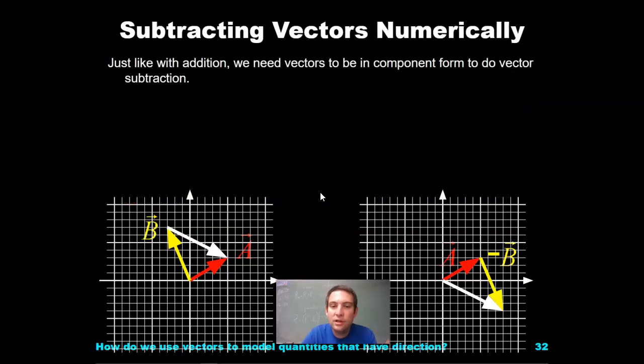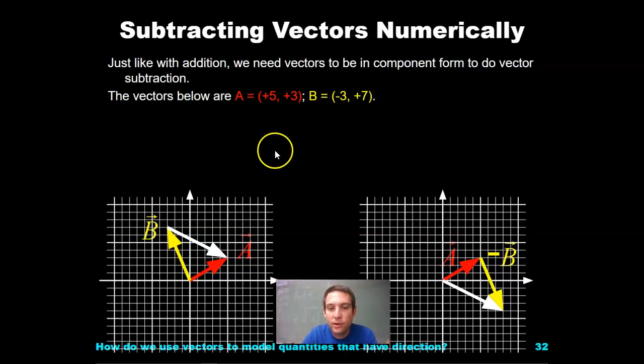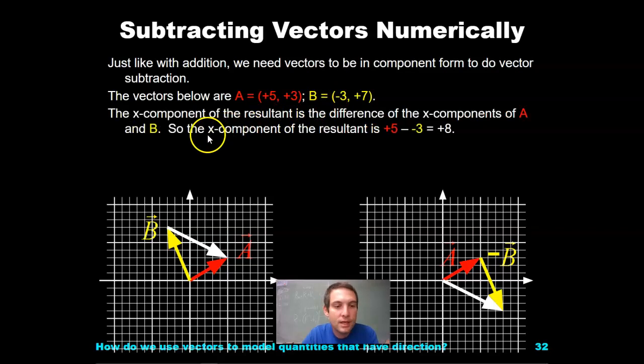Just like with addition, we'll need to be able to deal with vectors and components to do vector subtraction. So if we are given two vectors, we have the x component and the y component. The x component of the resultant is the difference of the x components of a and b. If you're struggling with x component and y component, remember x horizontal, y vertical, just as if it were a graph.